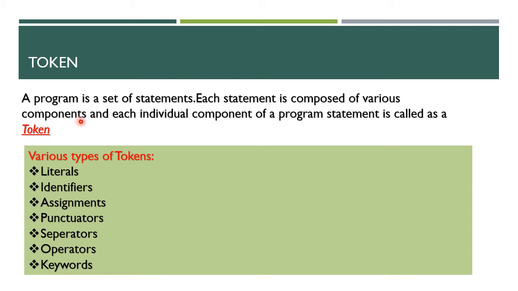Each individual component of a program statement is called a token. We have various types of tokens in Java. First one is literals, identifiers, assignments, punctuators, separators, operators, keywords. Let us learn one by one in detail.